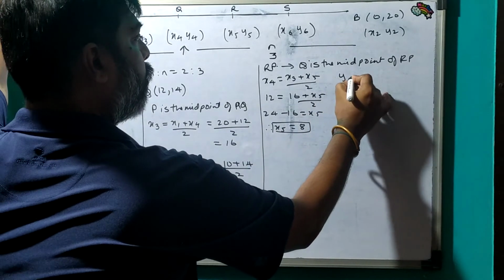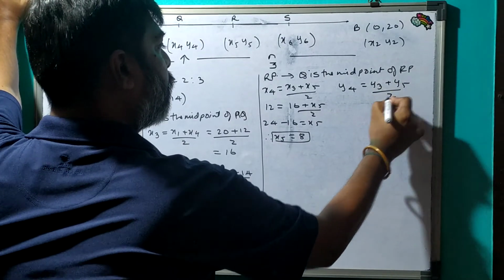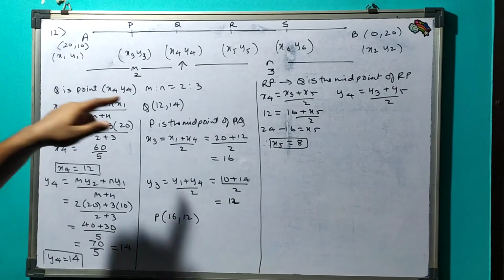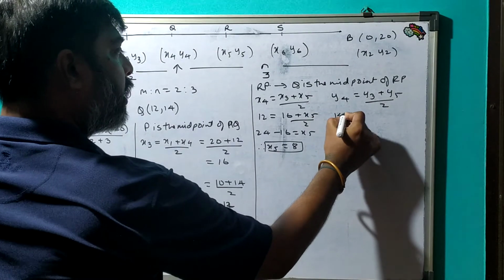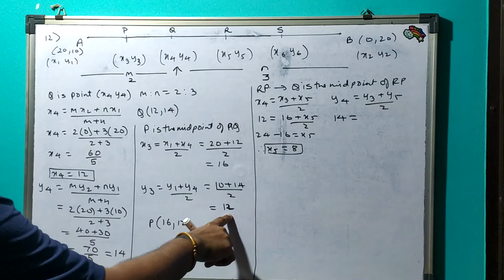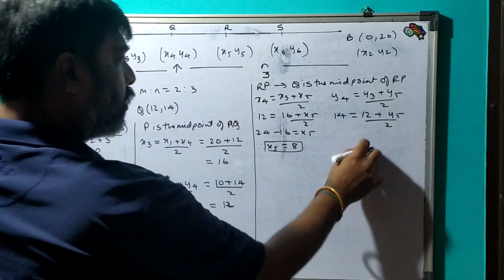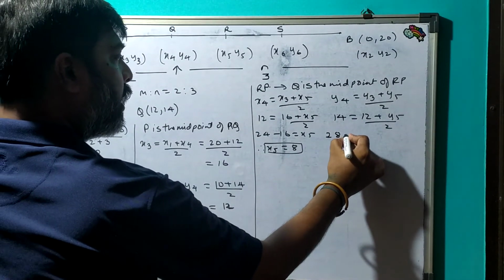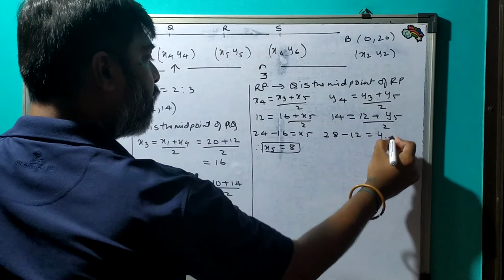Similarly, y4 is equal to y3 plus y5 upon 2. y4 is 14. So 14 is equal to y3, which is 12, plus y5 upon 2. 14 twos are 28 minus 12 is equal to y5.